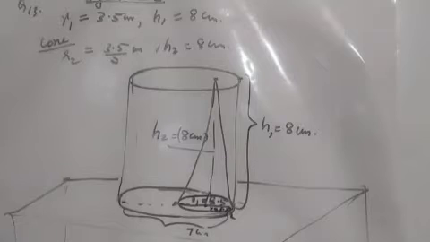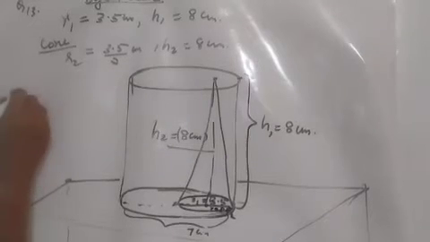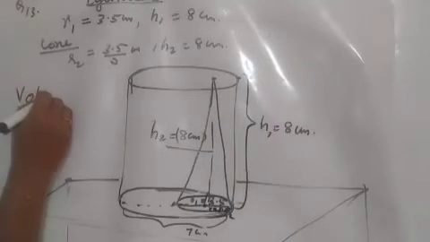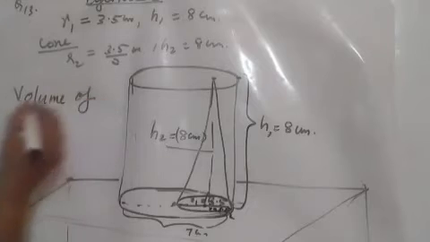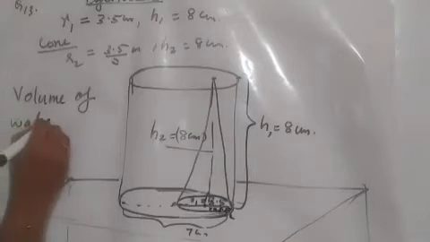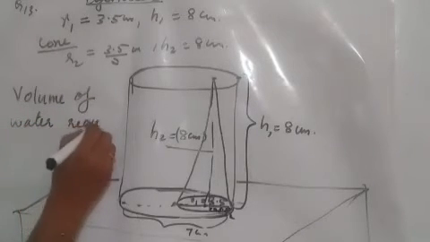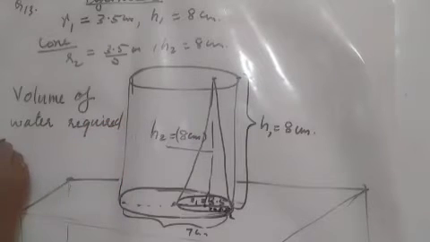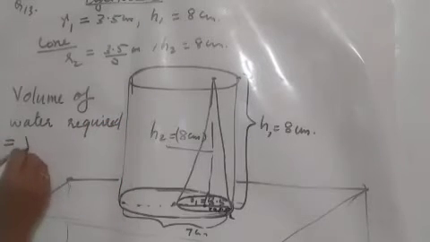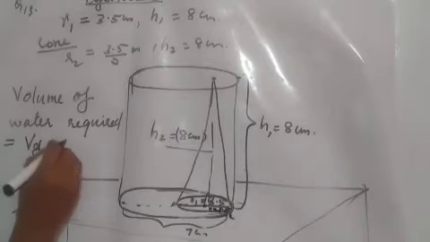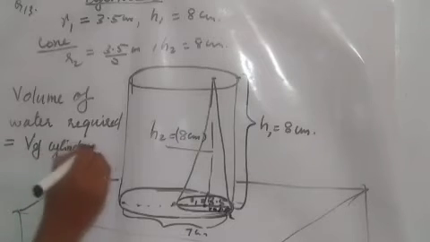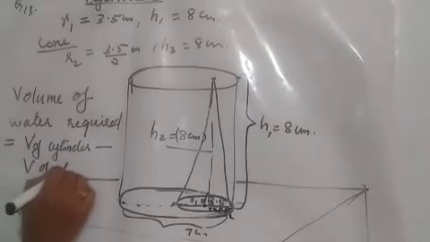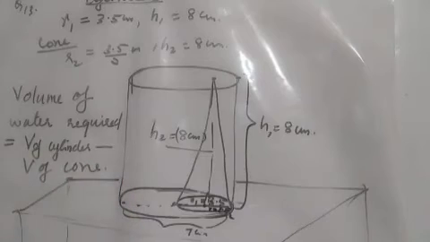How can we obtain the volume? Yes, volume of water required to fill the tank is volume of cylinder minus volume of cone. Understood?